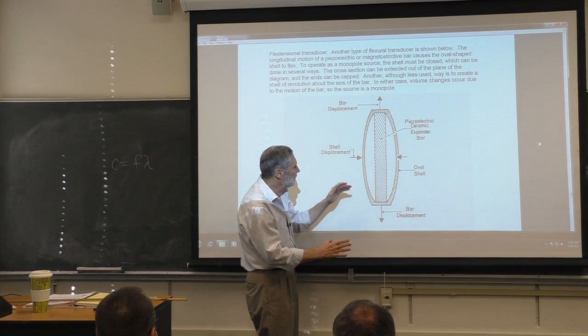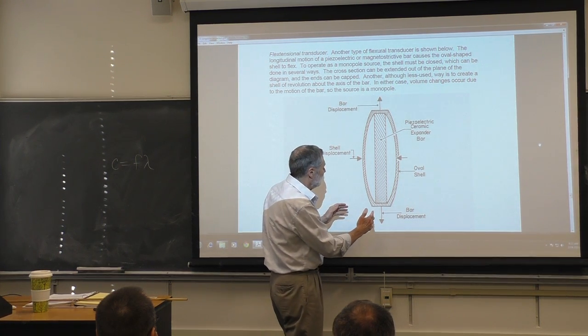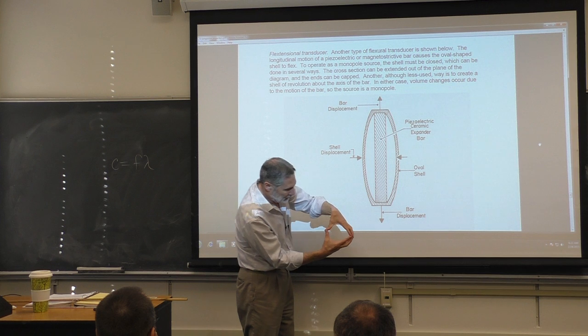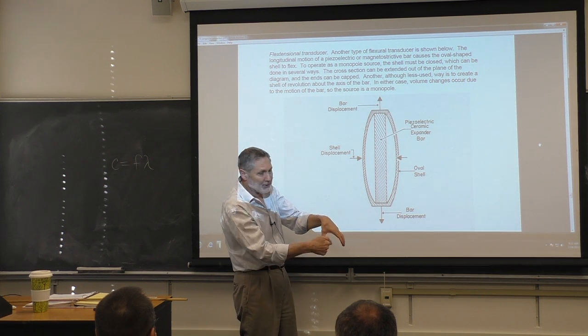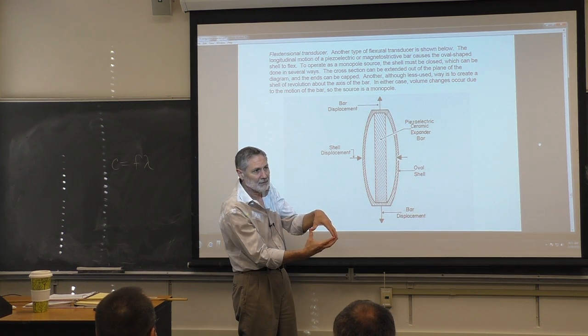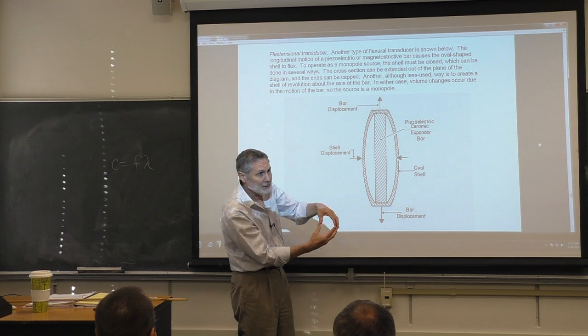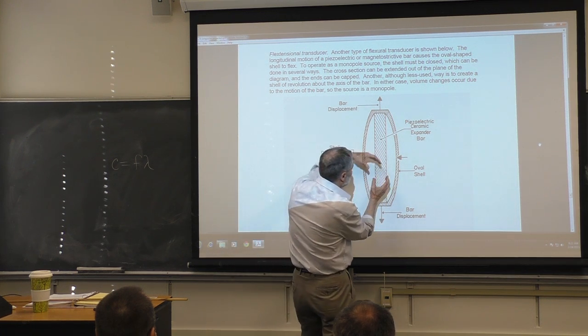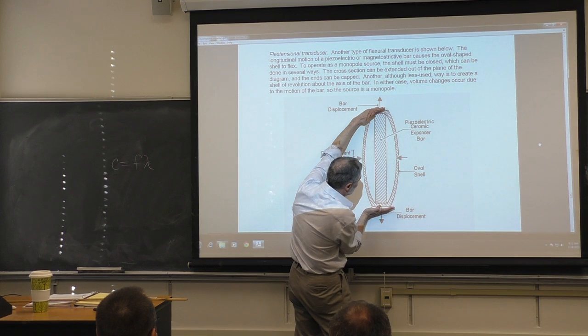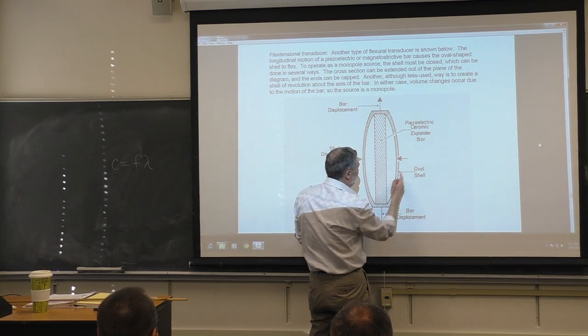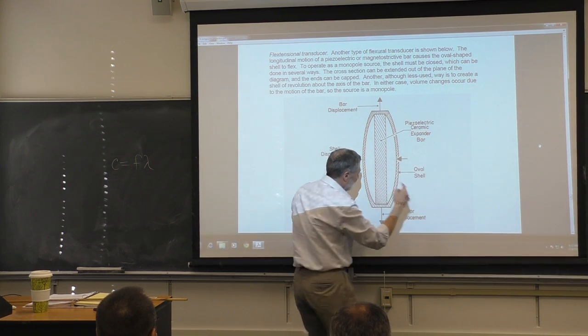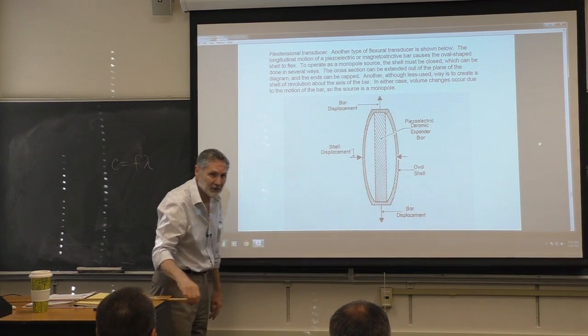There's two things you can imagine here. If it looks like this, and if it's open here, now it's not a monopole, right? You're not changing the volume. So if this is going down, you're creating a compression here, there's an expansion here, and they'll tend to cancel.